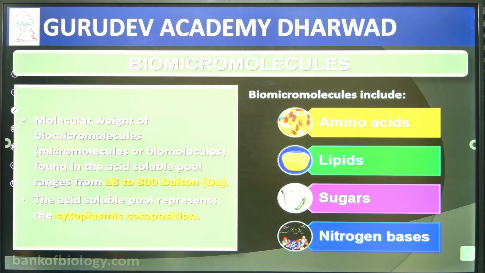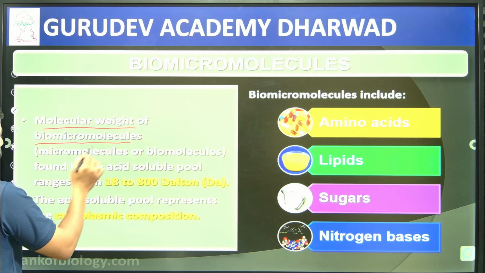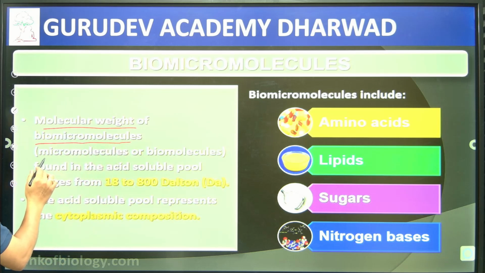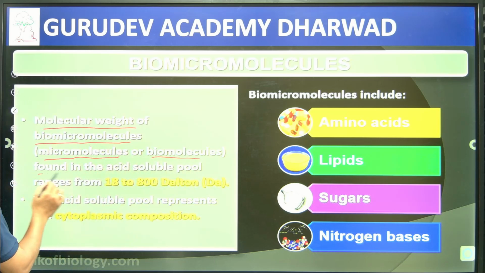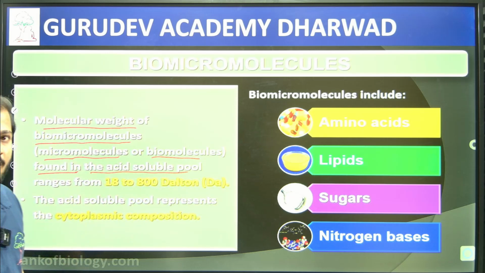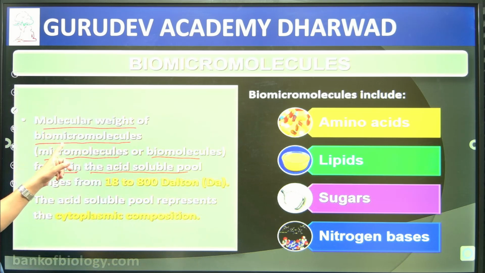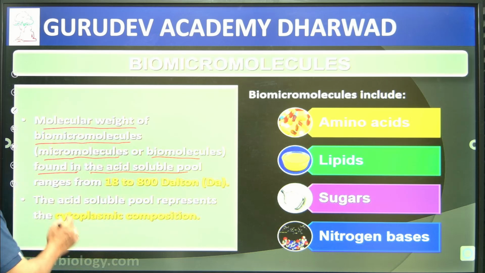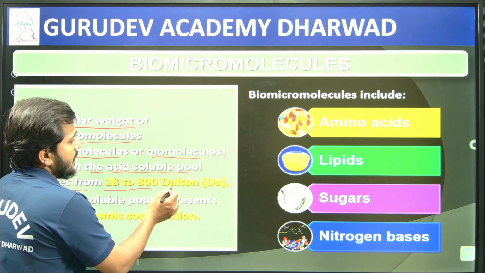Now if we consider the biomacromolecules, that is, the molecular weight of biomicromolecules, they are found in the acid soluble pool. Whatever dissolves in trichloroacetic acid, that is what we call biomicromolecules, right? Their weight ranges from 18 to 800 Dalton.